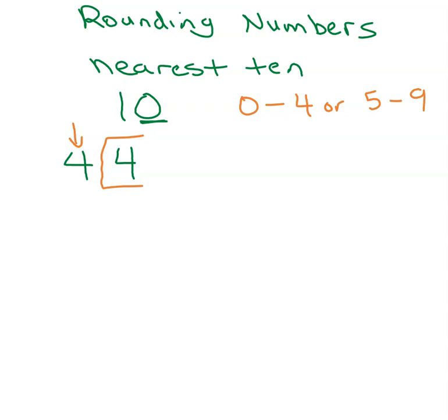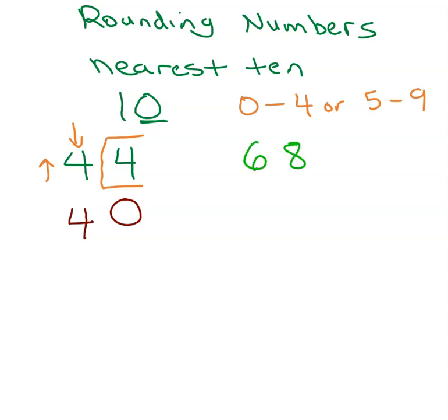But if the number you have here that I have this line around is 5 to 9, we're going to increase this number here. So if we look at this example, this number is 4. It's 0 to 4. So we're going to put a 0 right here, and we're going to keep this 4 the same.